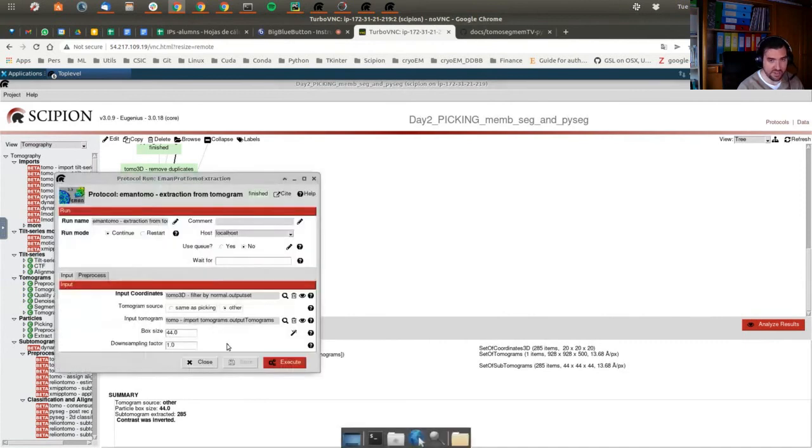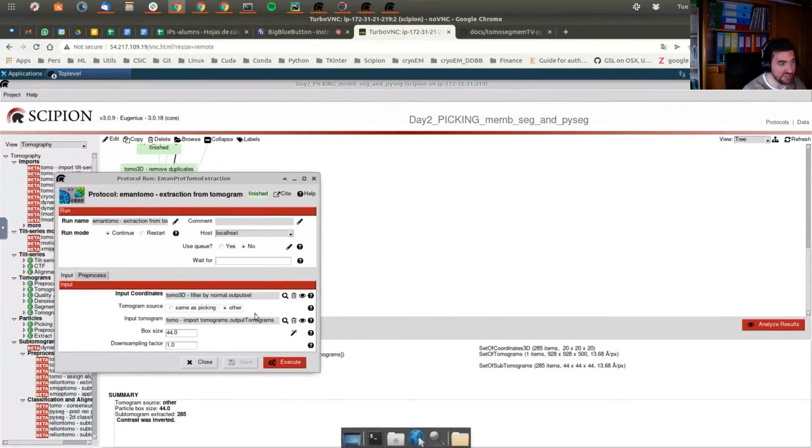Again, just the same as when picking the particles, you can specify the tomogram source, whether the same tomograms used for the picking or others. I use it as a reminder to remark that you can use the other.